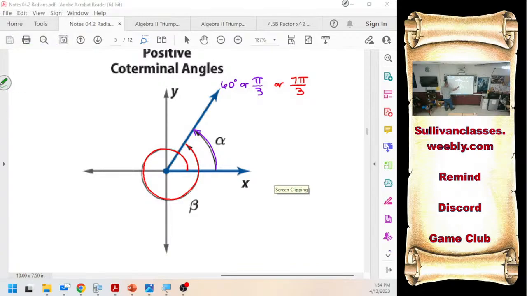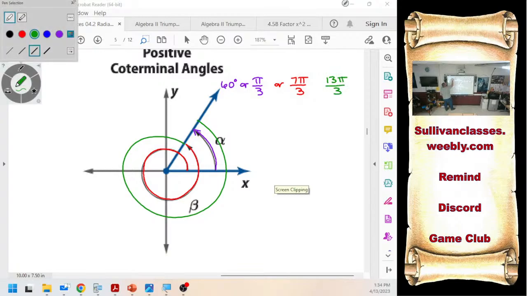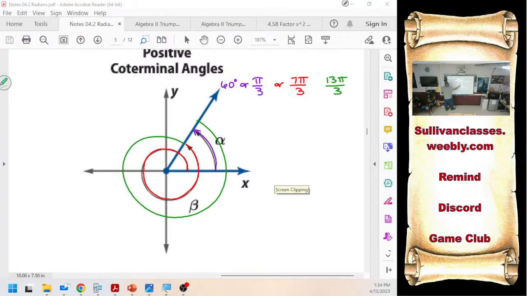Or I could keep going. 13 pi over 3. Or I could keep going. 19 pi over 3. And keep going and going and going.